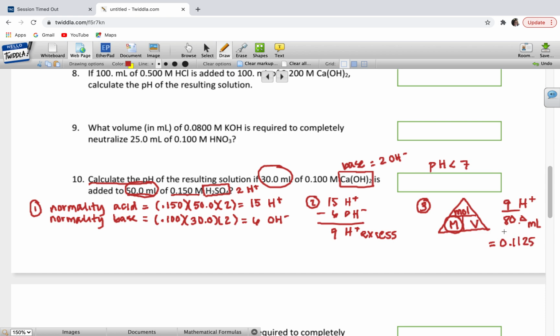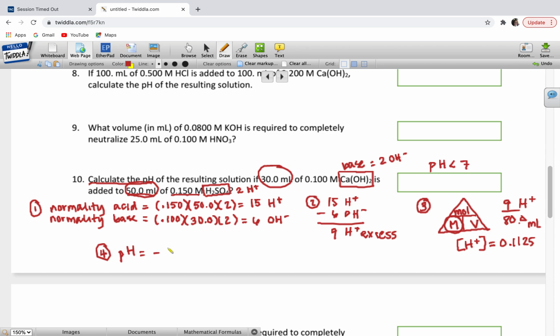So what we just did was we figured out the concentration, aka the molarity of hydrogen. And that's what we need to do our final part. We need to figure out the pH. Last week we talked about pH, and we said that pH is calculated using just some quick and easy buttons on the calculator.